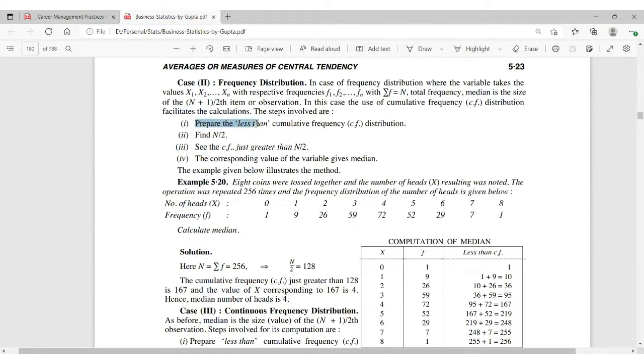Prepare the less than cumulative frequency distribution. Find n by 2. See the CF just greater than n by 2. Then the corresponding value of the variable gives the median.